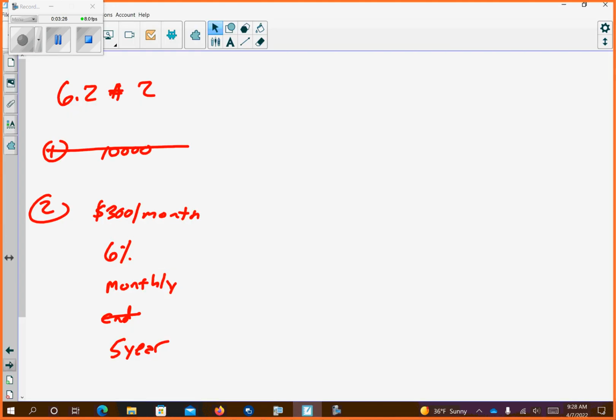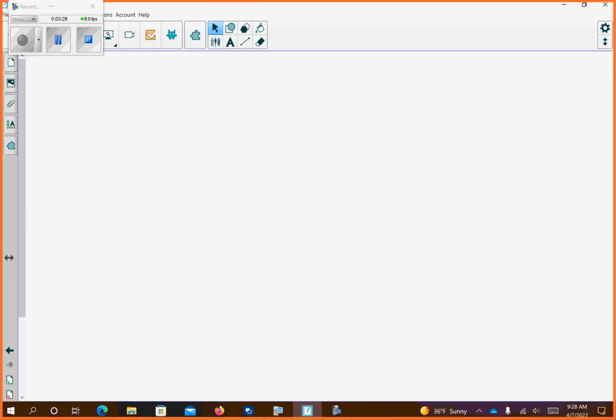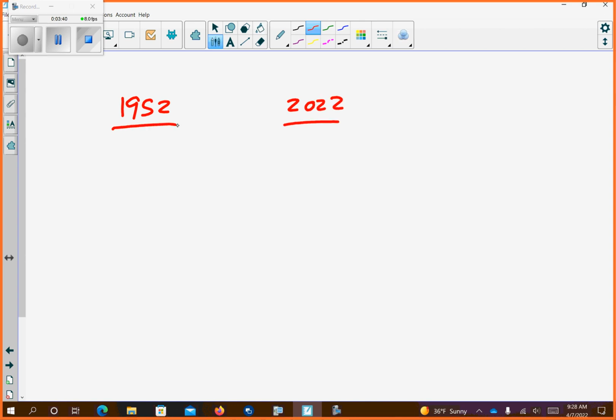We were talking yesterday. I did a little bit more research. Let's talk from 1952 to 2022. Now, this type of math that we're going to look at is a lot of times how actuarial scientists, who are people who deal with numbers all the time, work.